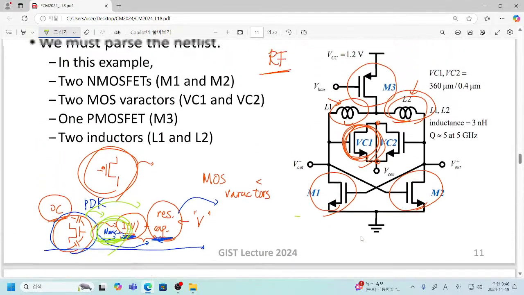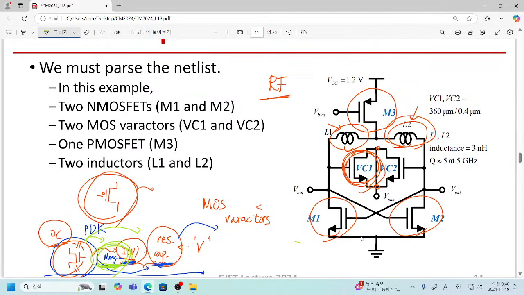In general, we need a certain capability to process a netlist file. When you place an arbitrary number of elements in your circuit system, first of all you should be able to describe them, and there is a standard method to describe this circuit, that is the netlist file format.